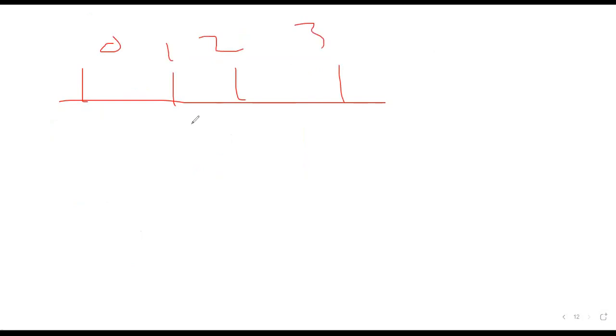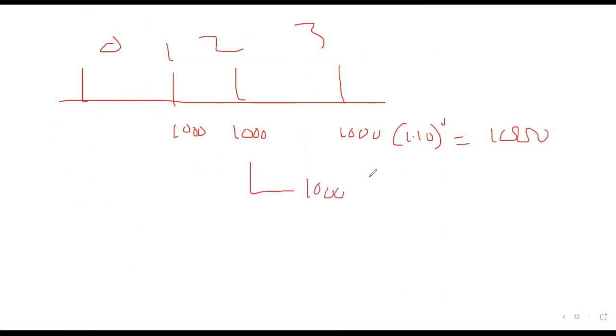If you're taking it forward, it is a future value. 0, 1, 2, 3. You're getting 1,000 here, 1,000 here, 1,000 here. Of course, this one will not stay because these are end of period. So here is simply 1.10 to the power 0. It doesn't stay in, it will still remain 1,000 kwacha. This one will stay in for 1 year until the following year, 1.10 to the power 1.